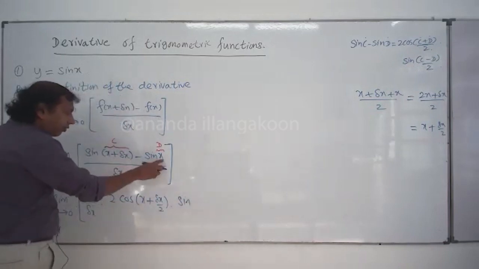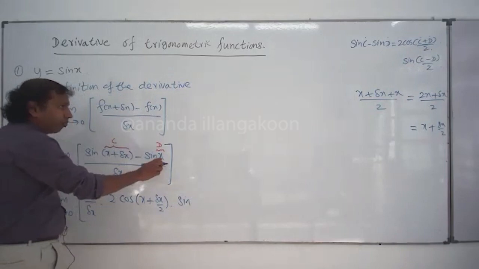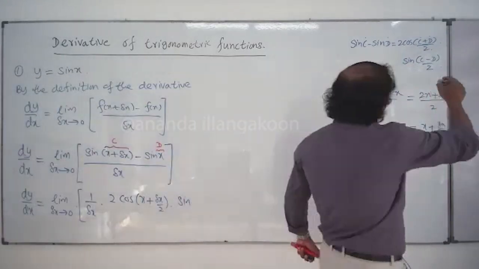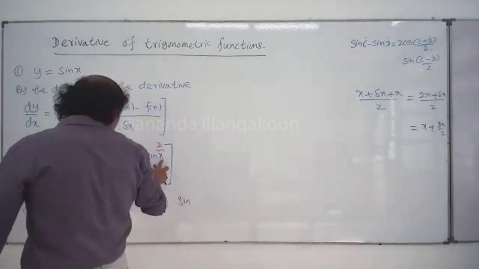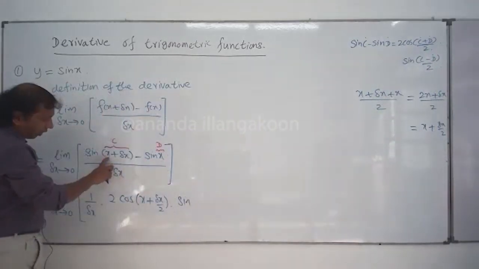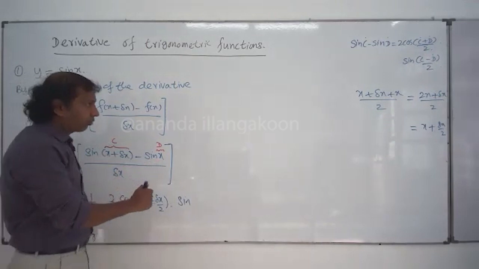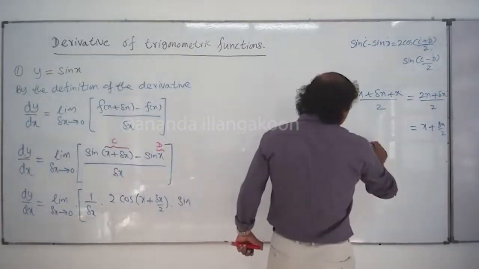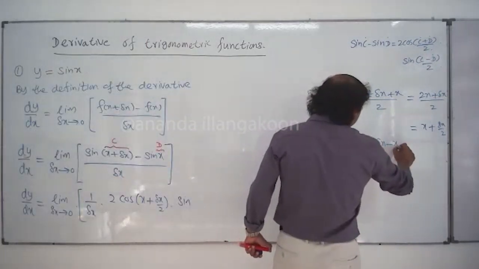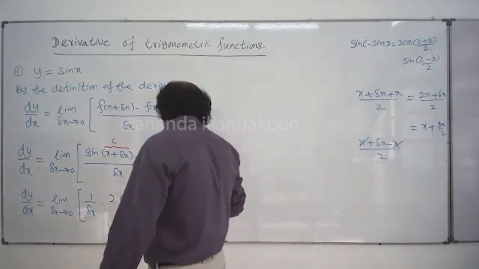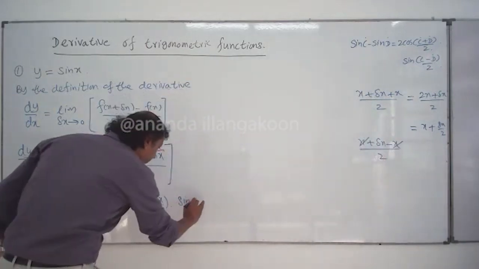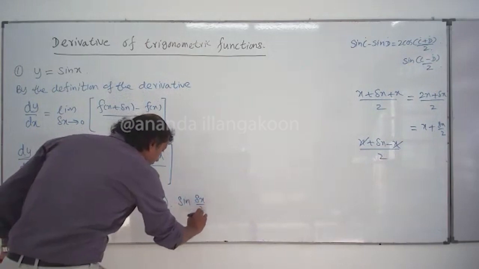This minus this, then x and x will cancel off, because the second case is what? C minus D by 2. That means this should be subtracted from this, then x plus delta x minus x, C minus D divided by 2, no? This and this you can cancel down. There we get delta x by 2. This one we get.